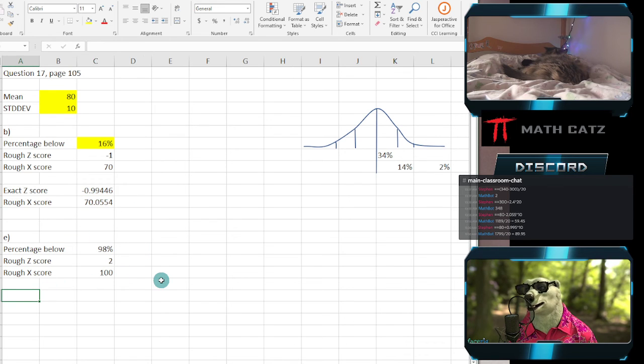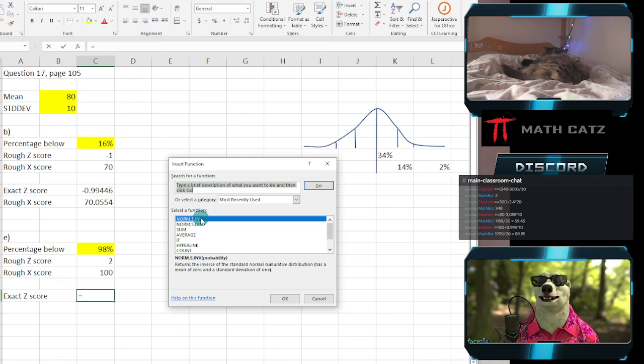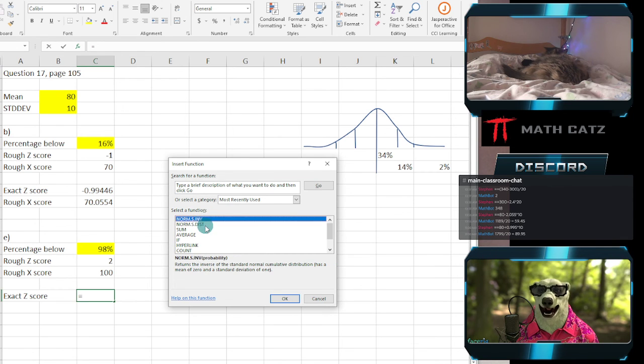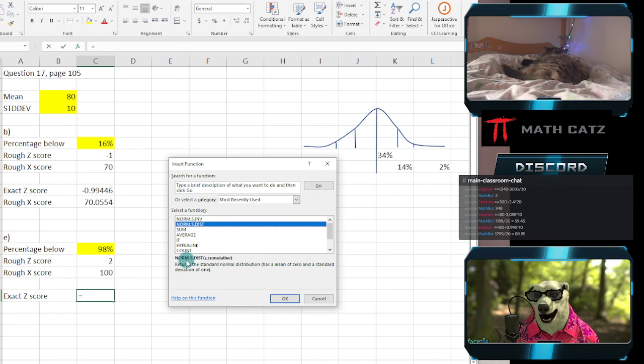Now I'm going to go exact z-score using the given 98%. Maybe I don't remember. Yes, you can copy that formula for practice sake. I'm going to remember. Okay, so I don't know which one it was, but you can look at the explanation here. The NORM.S.DIST takes a z-score as input.